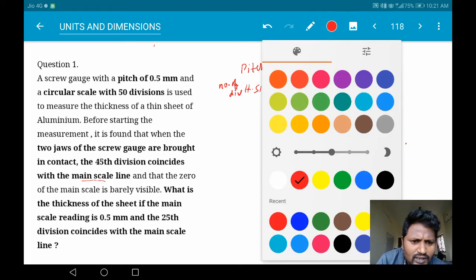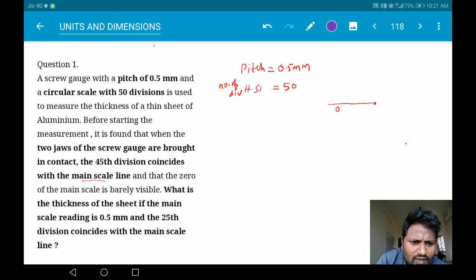Here they mention that the 45th division coincides with the index line, which means the 0 will be here. Now we can understand that if the 0 is below the index line, the error is positive zero error. So first we should find out what is the error in the instrument.